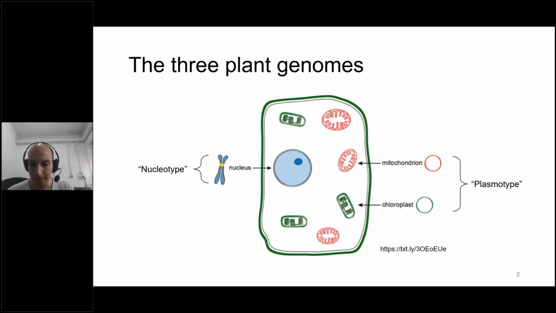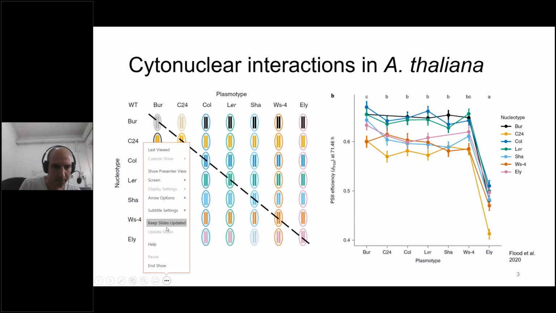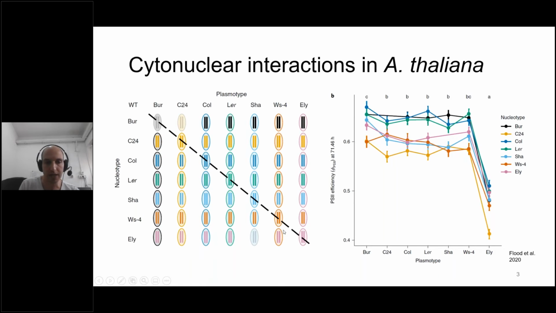And this is demonstrated by a quite nice experiment which was done recently in Arabidopsis. What we're seeing here is a design where 7 different accessions were chosen in Arabidopsis thaliana.